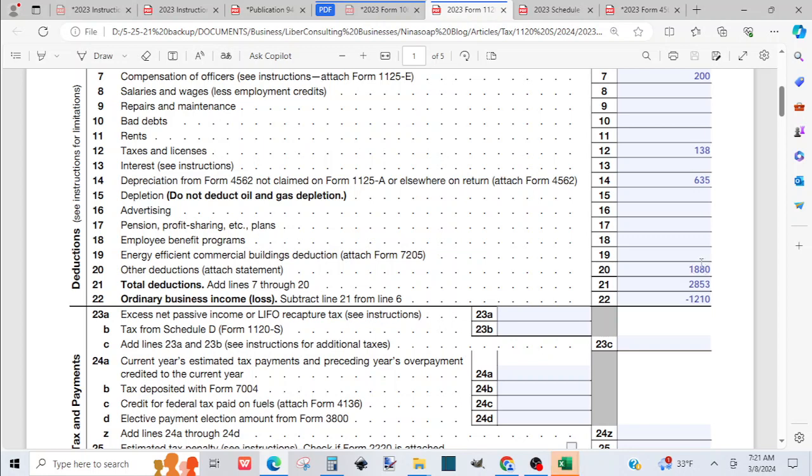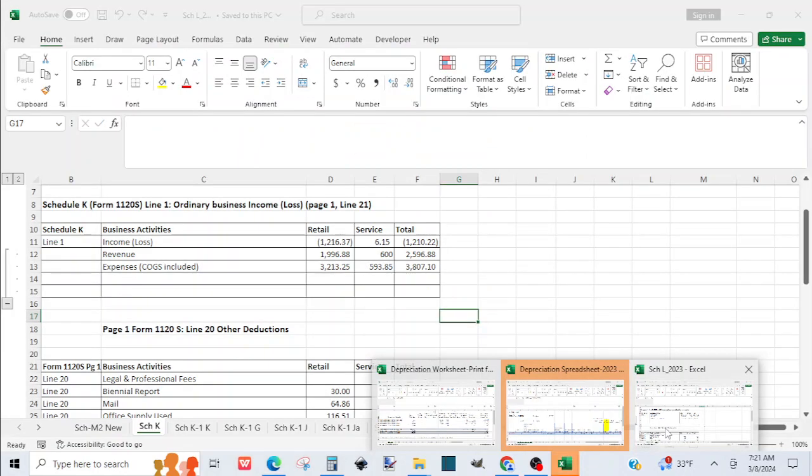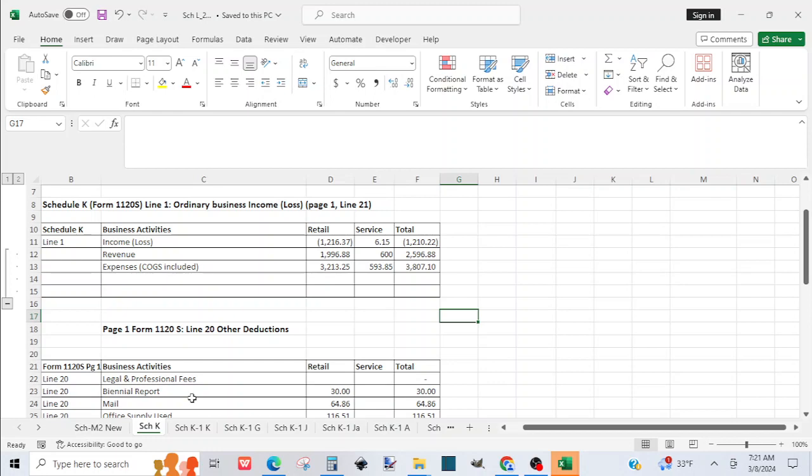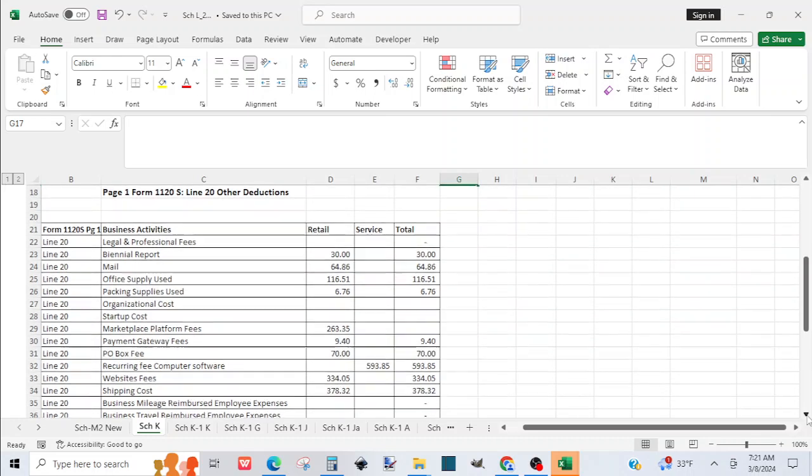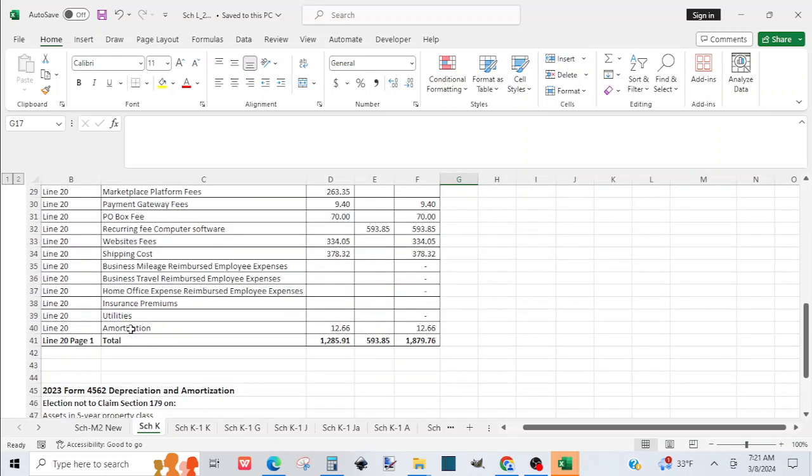So amortization will go on the other deduction line, and therefore line 20 for Form 1120S. And we can see amortization on that attachment, so it is a part of that amount.